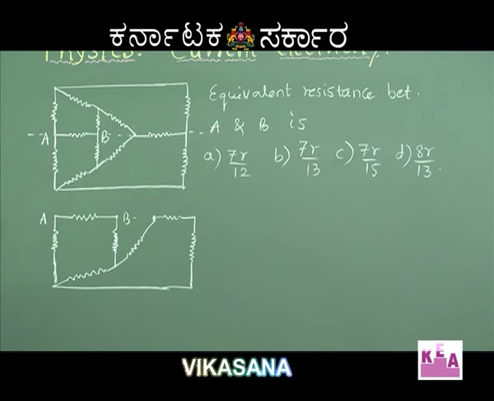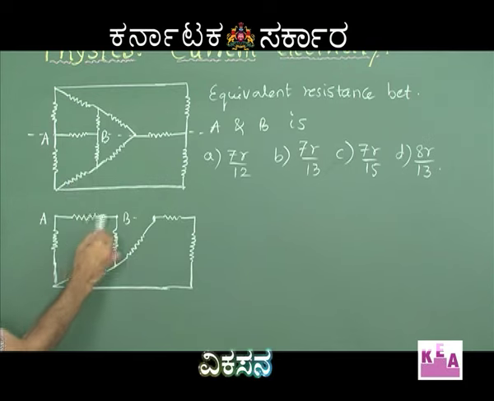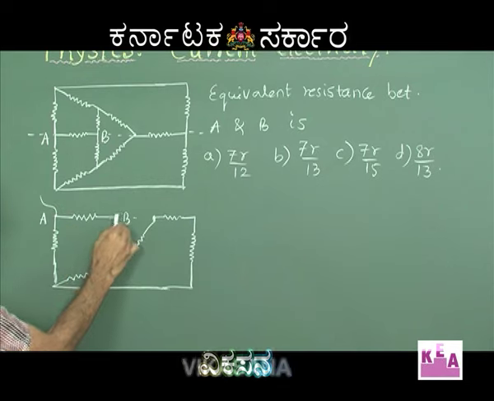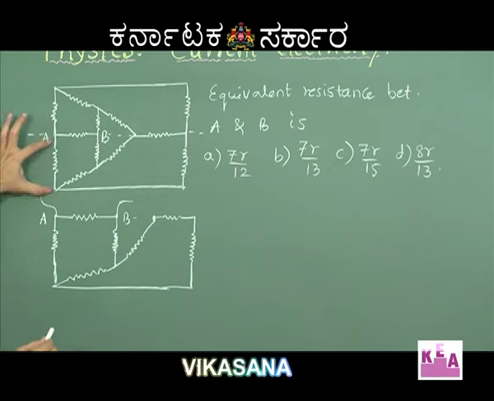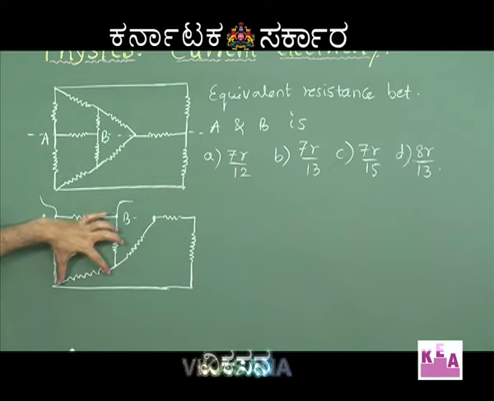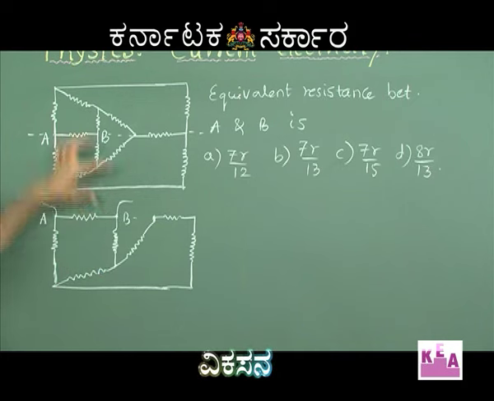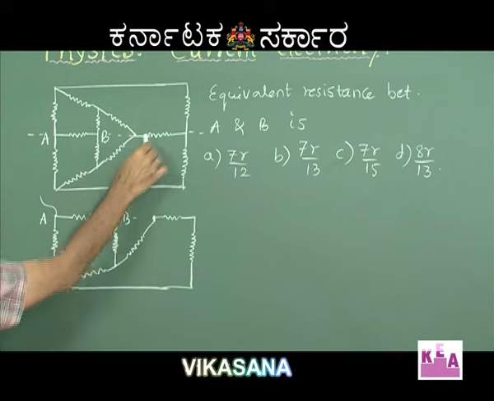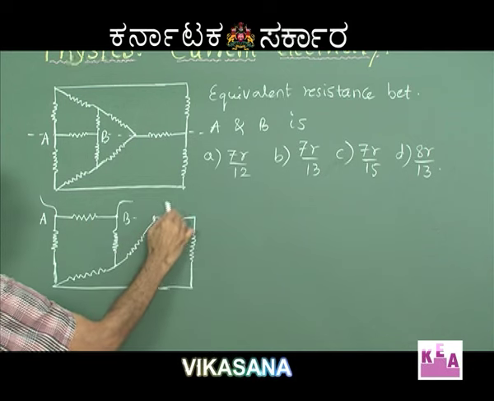See, I have drawn this resistance here. These are the points A and B between whom equivalent resistance is to be found, then this resistance is shown here, this is shown here, this is shown, this is shown, and this is shown. Fine. Okay, so nothing has overlapped with this, so this will still remain R.